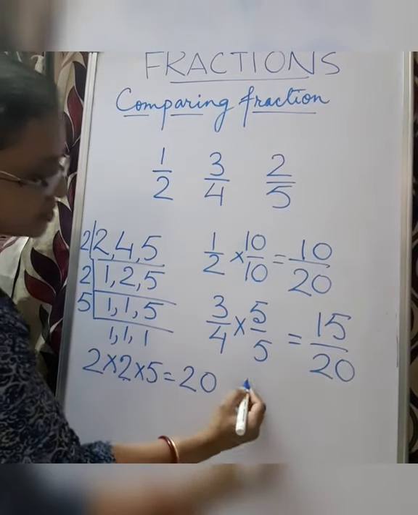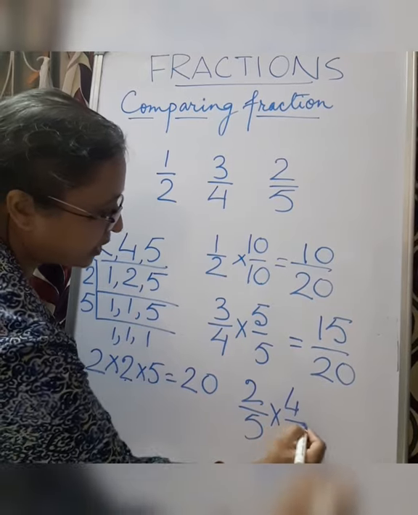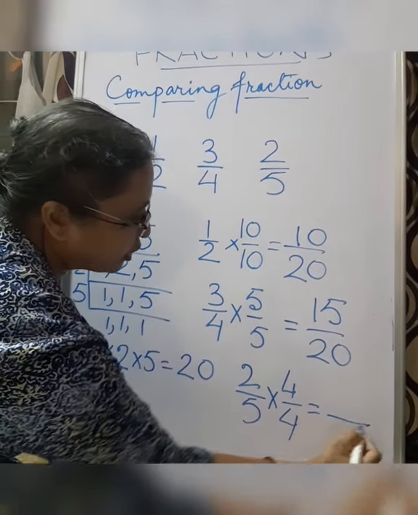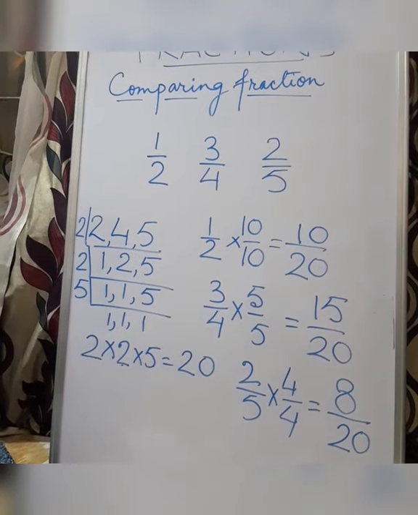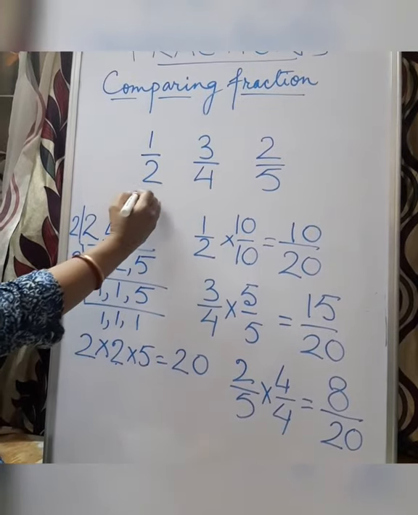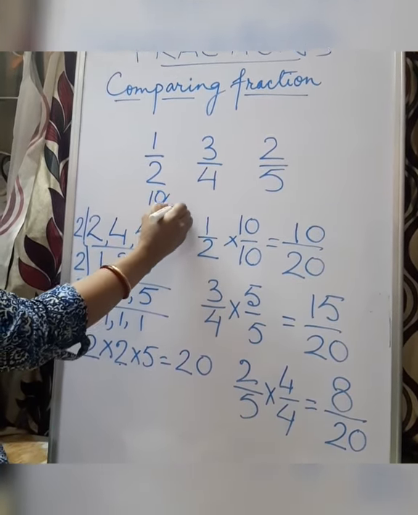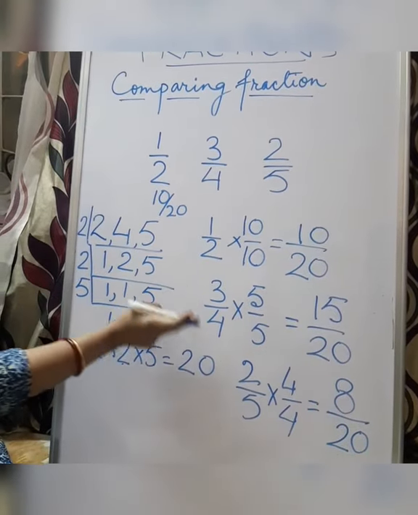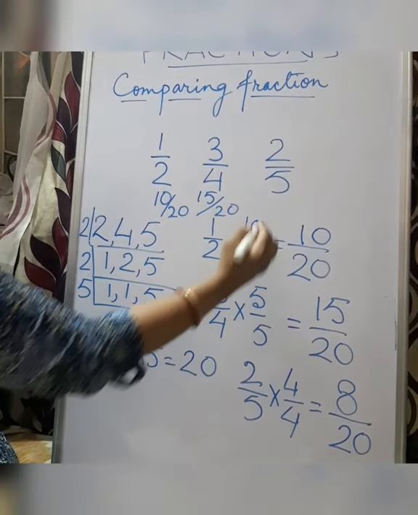The next number is 2 by 5, so it has to be multiplied by 4 by 4 to make the denominator 20, so it will be 8 by 20. Now we have got the new fractions. The first one is 10 by 20, the second one is 15 by 20 and the third one is 8 by 20.